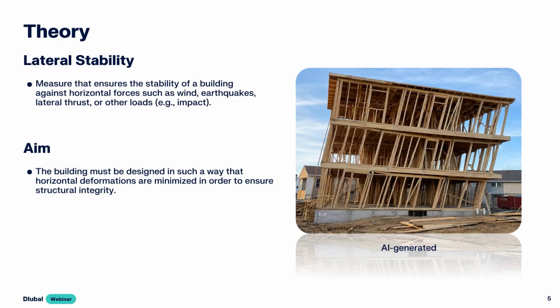Of course, nobody would build it like that, but it's really common, especially in the US, for example, where you do not prefabricate the walls. So you pitch up everything on the construction site. And if you really forget the bracing, then maybe in a few hours it will look like that. Of course, this is not our aim, but our aim is that the building must be designed in such a way that horizontal deformations are minimized.